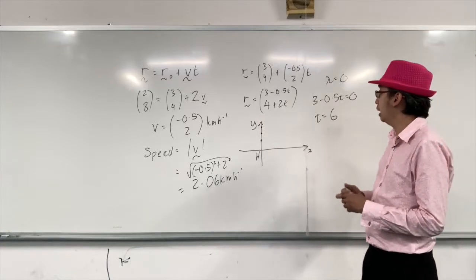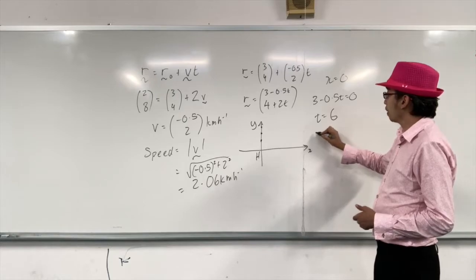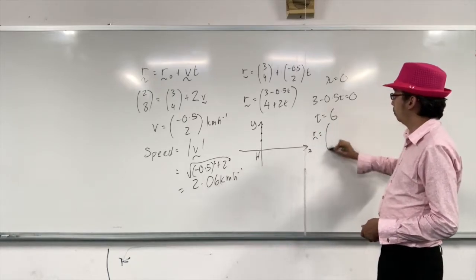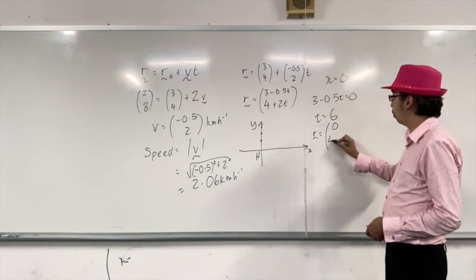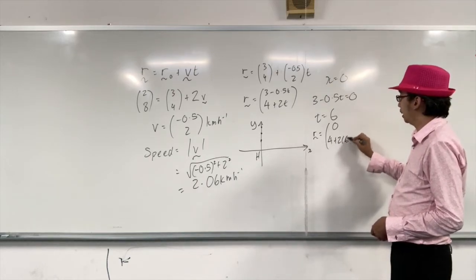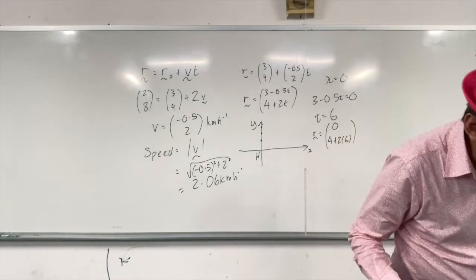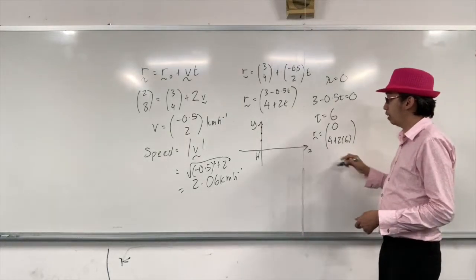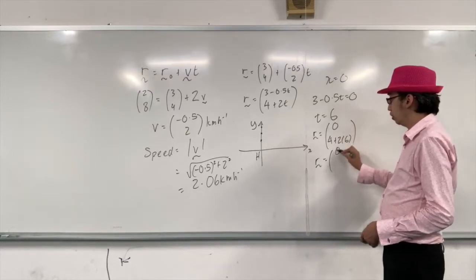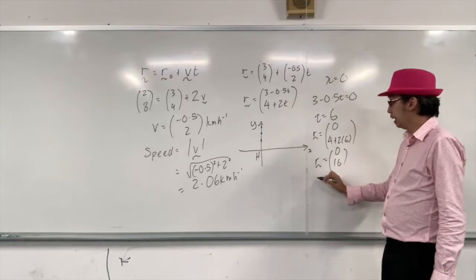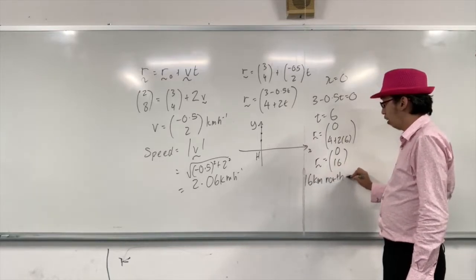At t equals 6, you substitute it here: r is 0, and then 4 plus 2 times 6. Let me check. It's 4 plus 12, so it is 0, 16. That means it is 16 kilometers north of the harbour.